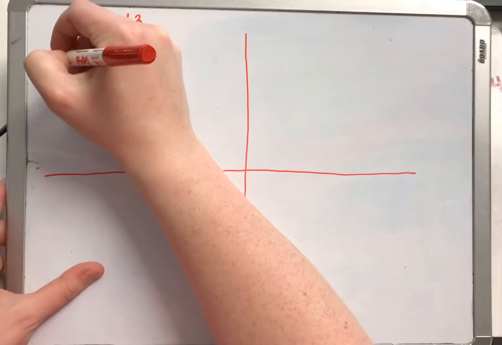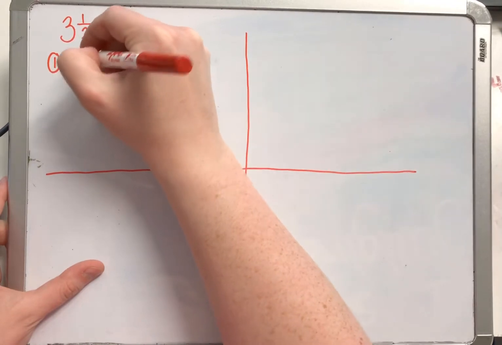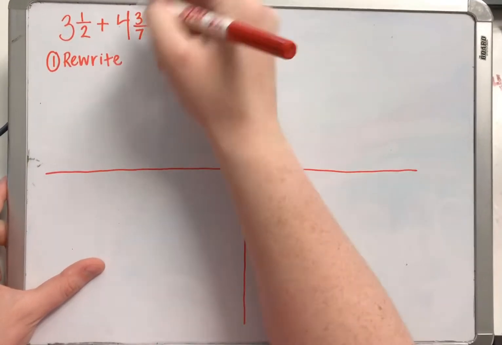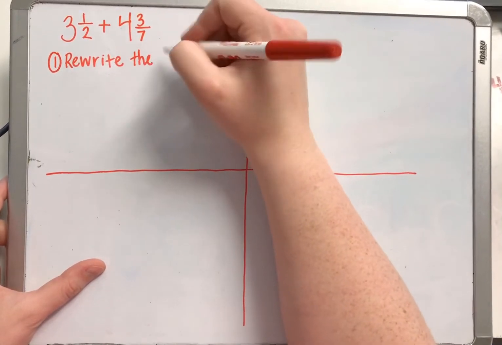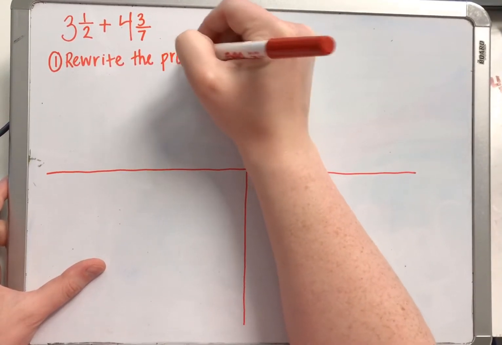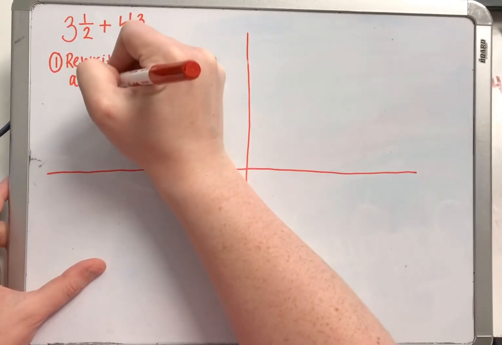So in the first box, this is going to be where you rewrite. You're going to rewrite these mixed numbers as improper fractions. So rewrite the problem as improper.